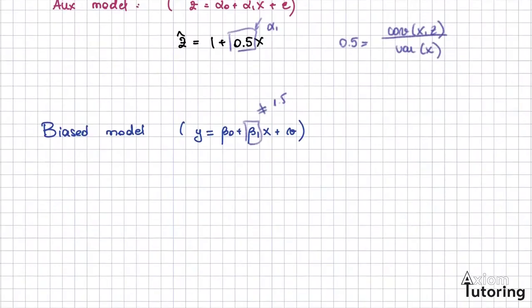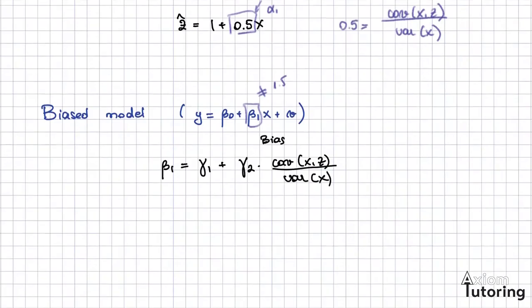So what is the formula going to be? This beta 1 is going to be equal to the true value plus the bias, which is gamma 2 times the covariance of x and z divided by the variance of x. And right now we have all of that information.